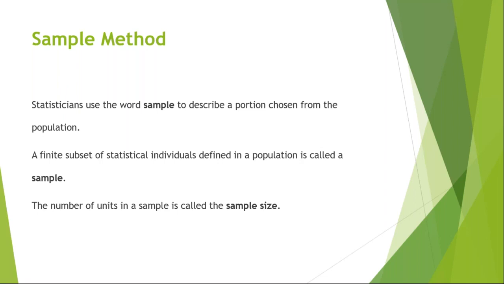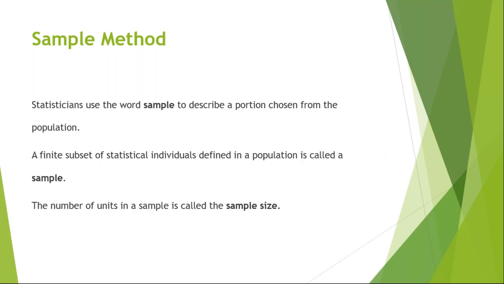Okay, so a finite subset of a particular defined population is called the sample. So that finite subset, for example, because they're uncountable, we're talking about tens of millions, and it's not possible to include all the tens of millions of people. You decide to collect 100 out of the 10 million.